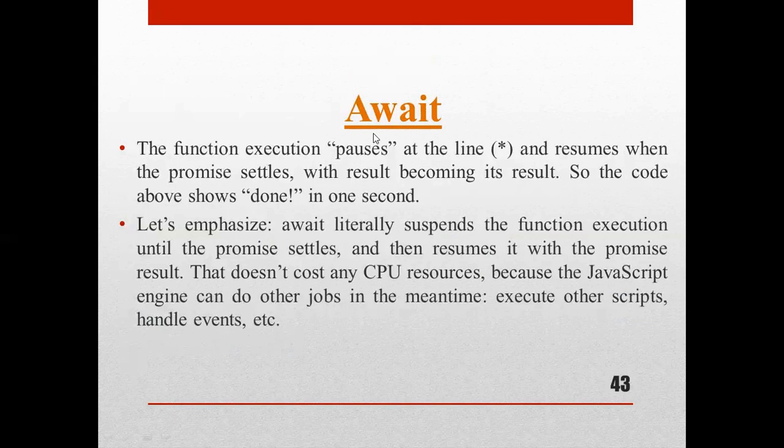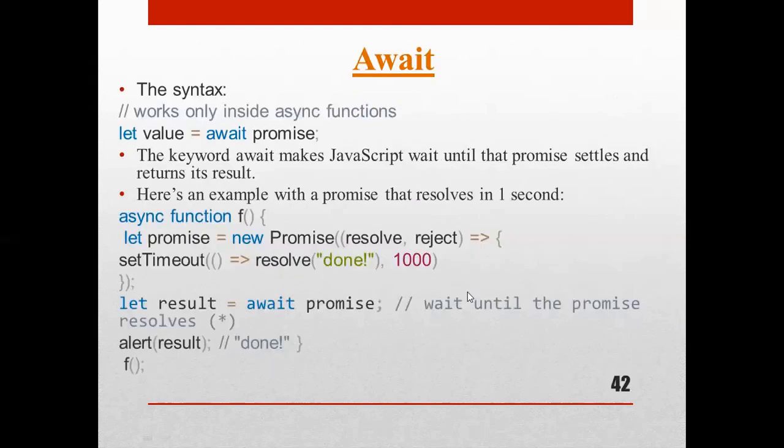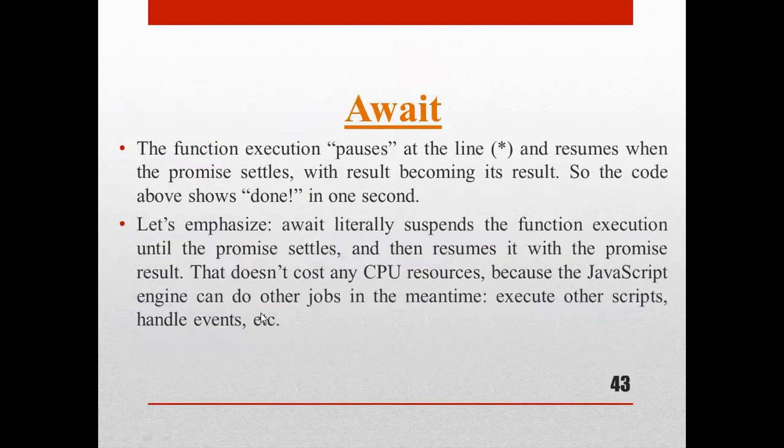So with that await, the function execution pauses at this line, and resumes when that promise settles, with the result becoming its result.